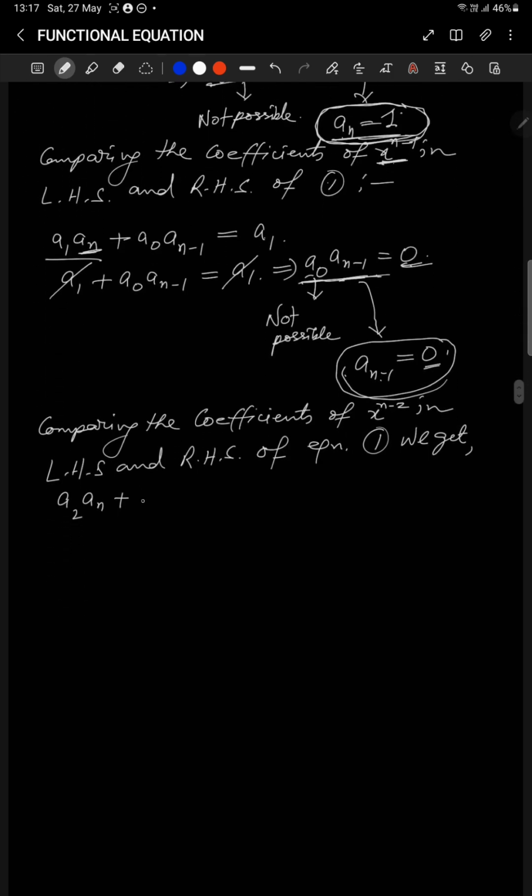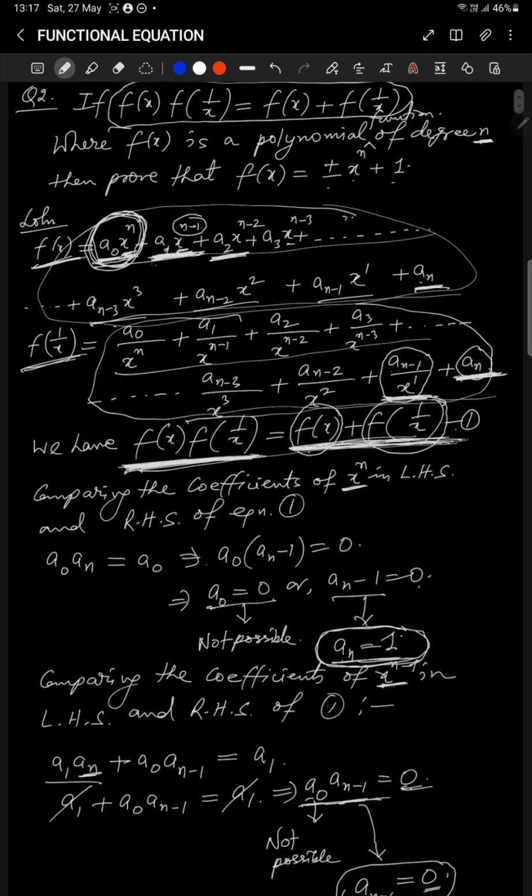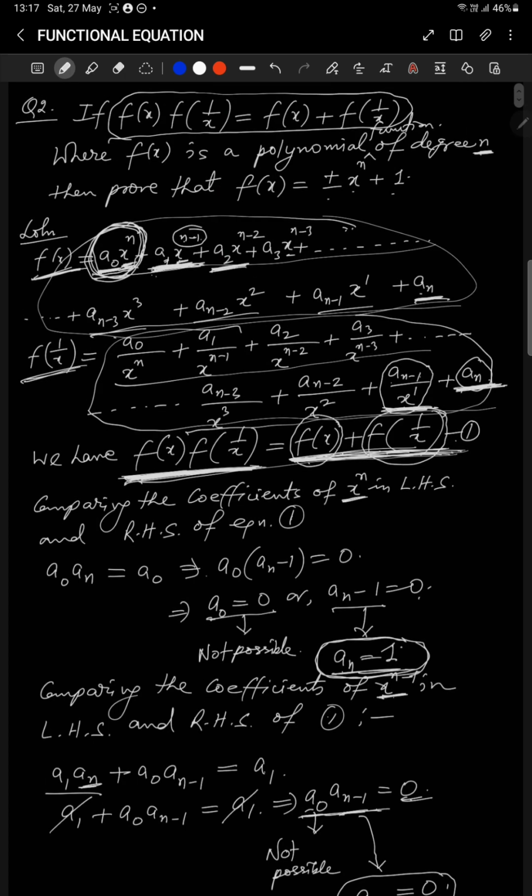So that also will be added, a1 a_{n-1} plus one more term will give us x to the power n minus 2, and that is nothing but this one, a0 x to the power n multiplied to a_{n-2} divided by x square.